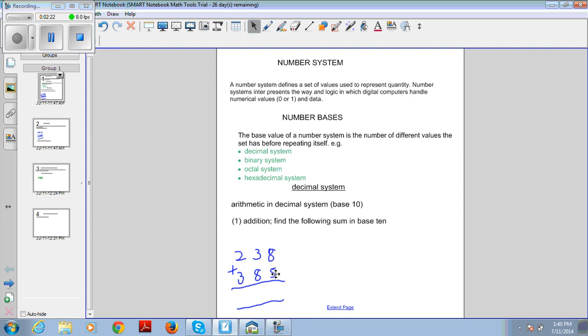So 8 plus 5 is 13. So we're going to write that 8 plus 5 is what? Is 13. 13 is bigger than the base, which is base 10. So what you do is that you divide the 13 with the base you are working with.